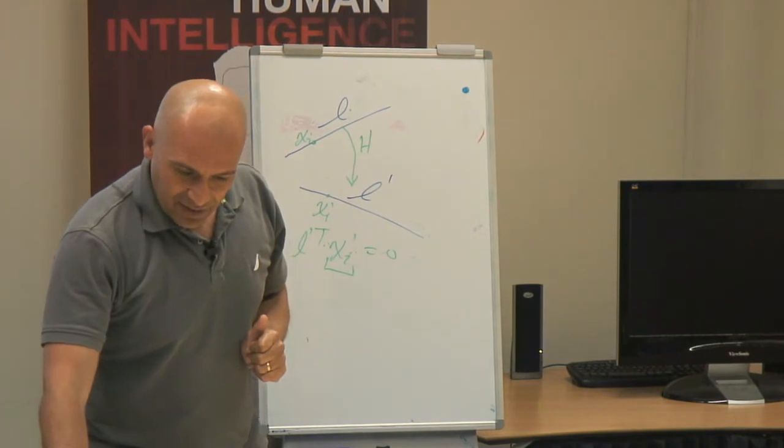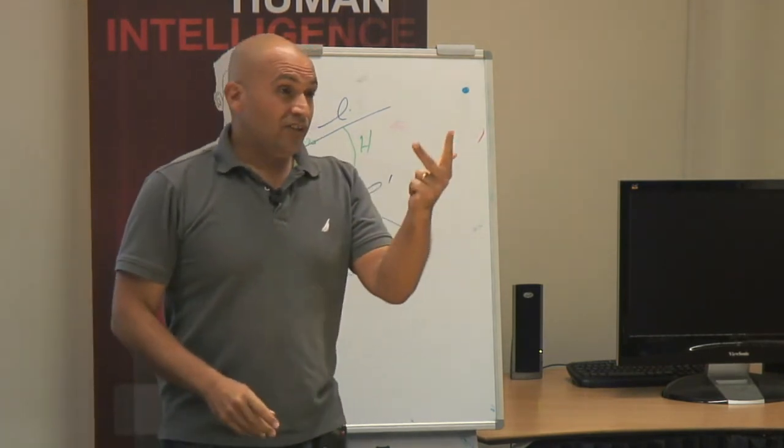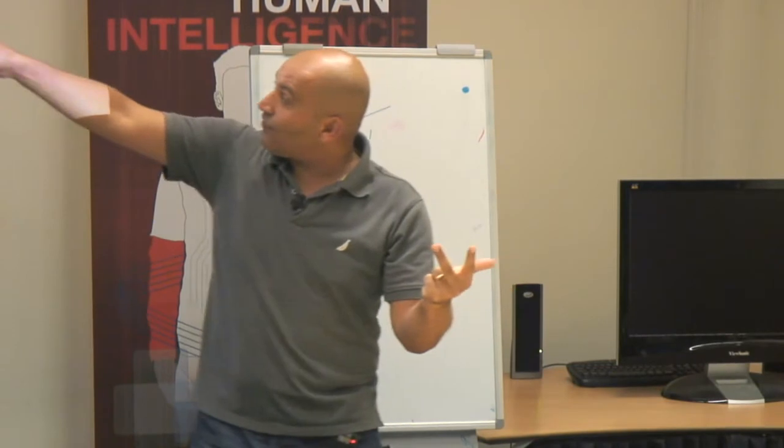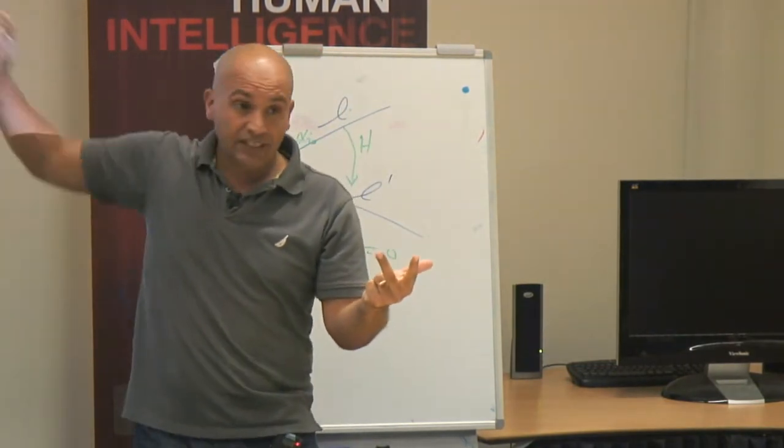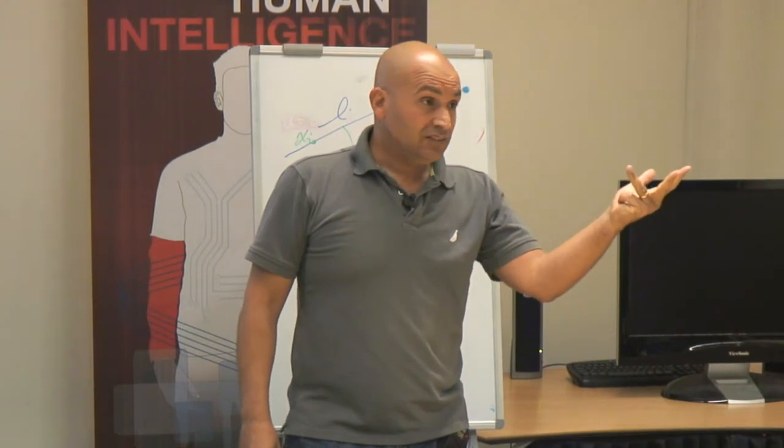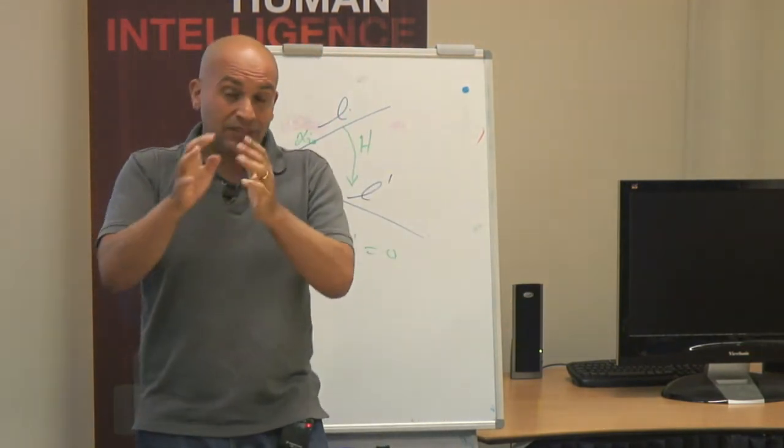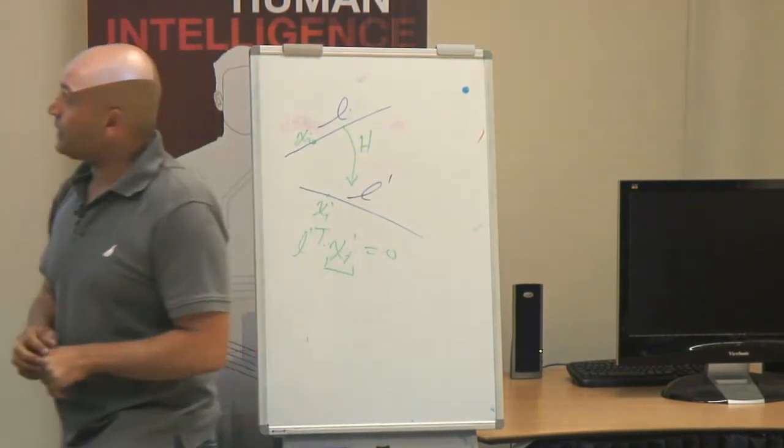For similarity, we have the same 3 because we have the angle and we have Tx, Ty, and we have one more, the scale. So we have 4 degrees of freedom. We have the scale S, but the scale along X and Y are the same, so it's uniform scaling.